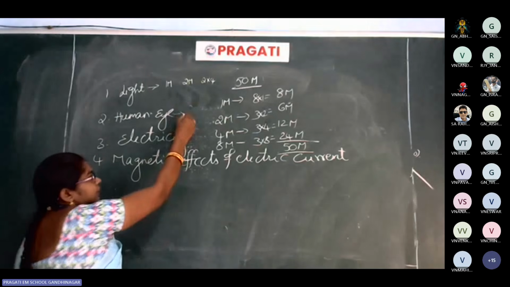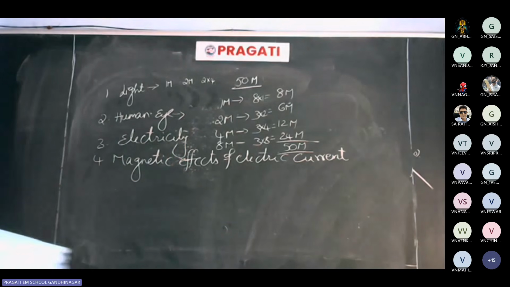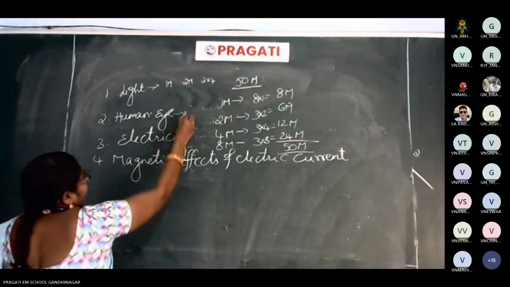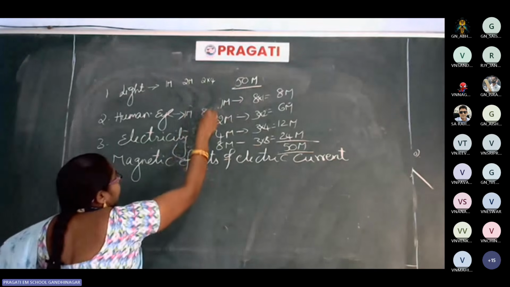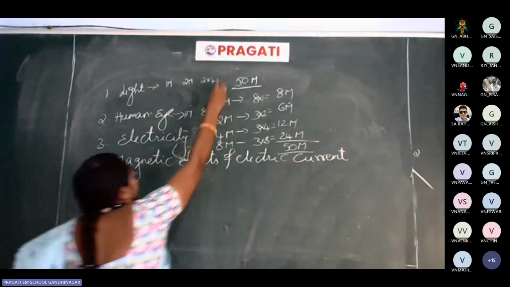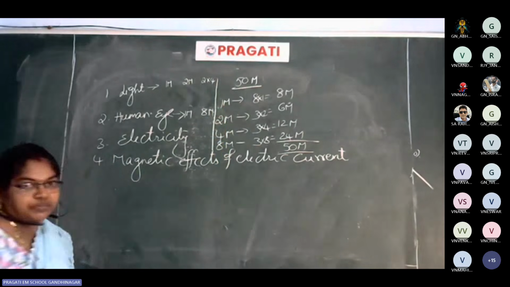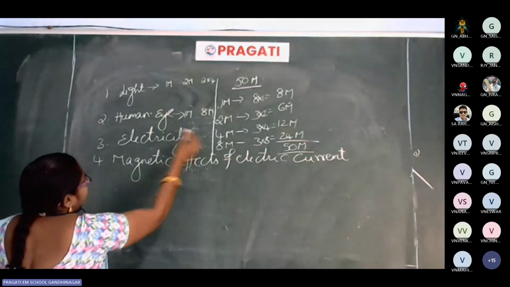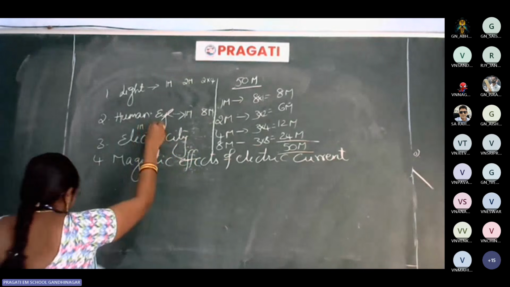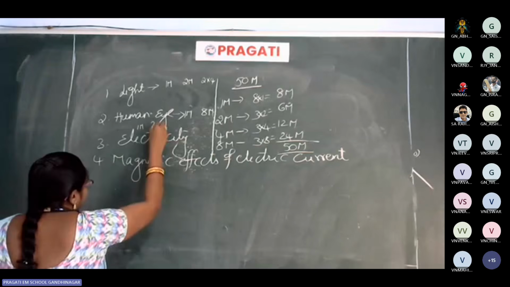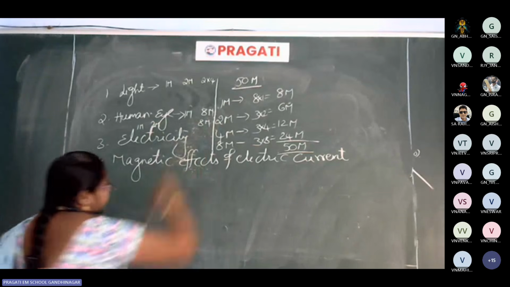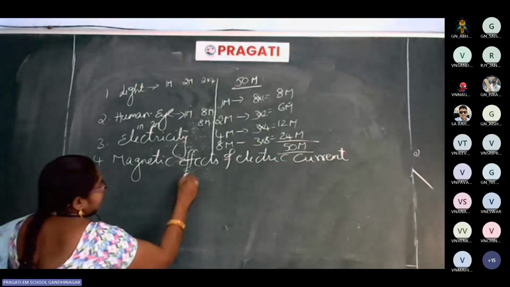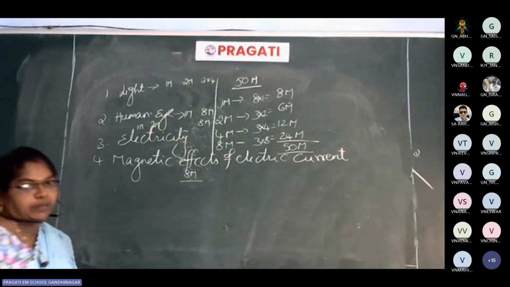From the human eye, you will get one 1 mark question and one 8 mark question. Next, from the electricity lesson, we will get one 1 mark question, one 2 mark question and one 8 mark question. From the magnetic effects of electric current, you will get one 8 mark question.